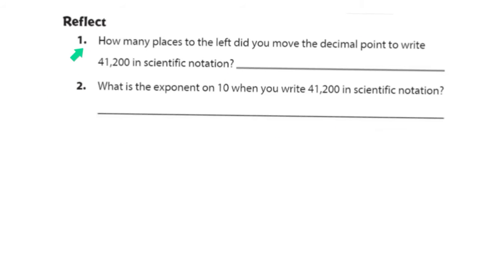So on this reflect, it talks about the problem we just did. How many places to the left did you move the decimal point to write 41,200 in scientific notation? Remember, we moved it 4 spaces. So we can say that the decimal moved 4 spaces.